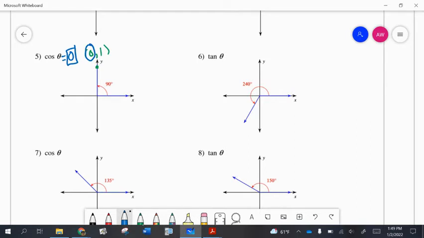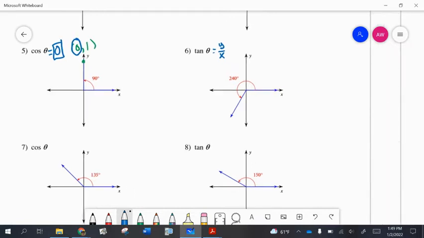Tangent of 240. Now tangent, remember, is y/x. So I'm going to have to use both my x and y coordinates. At 240, I'm over in quadrant 3. I know my coordinates there are negative 1/2 and negative √3/2. Everything's negative in third quadrant. So my y coordinate is negative √3/2 over my x coordinate, negative 1/2.